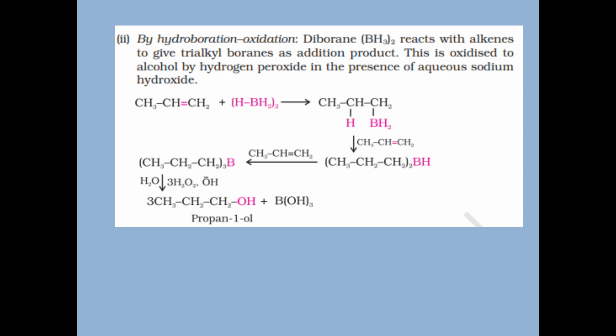This follows the anti-Markovnikov addition. It is converted into trialkyl borane, and then when the trialkyl borane is oxidized with peroxide in the presence of OH minus or basic medium, it is converted into the primary alcohol, propan-1-ol.